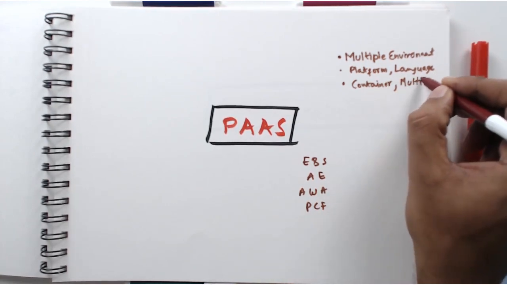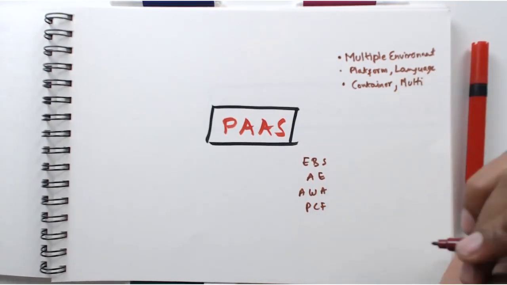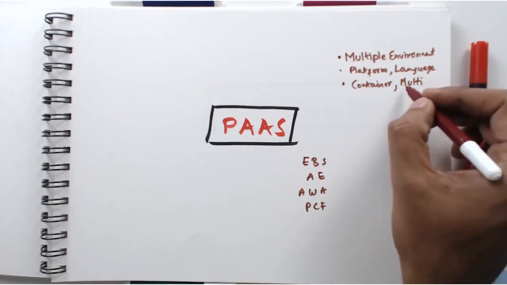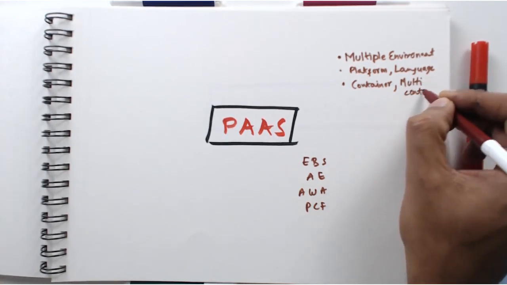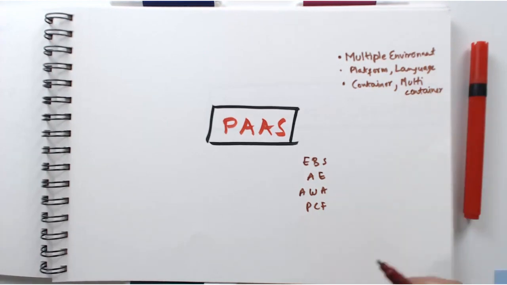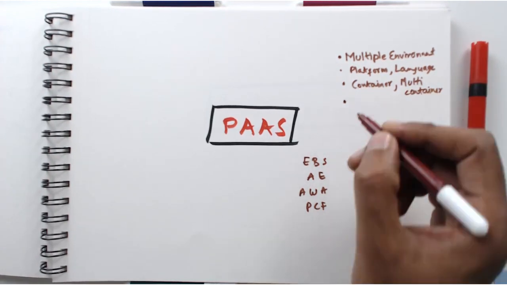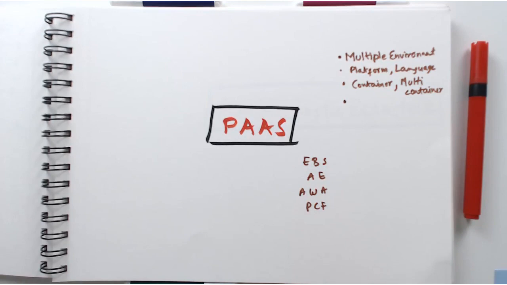If you are aware of what Docker Compose is, you can run multiple containers at the same time. So you can use that to run your applications. Most of the cloud provider platform as a service offerings, Elastic Beanstalk, provide support for multi-containers as well.